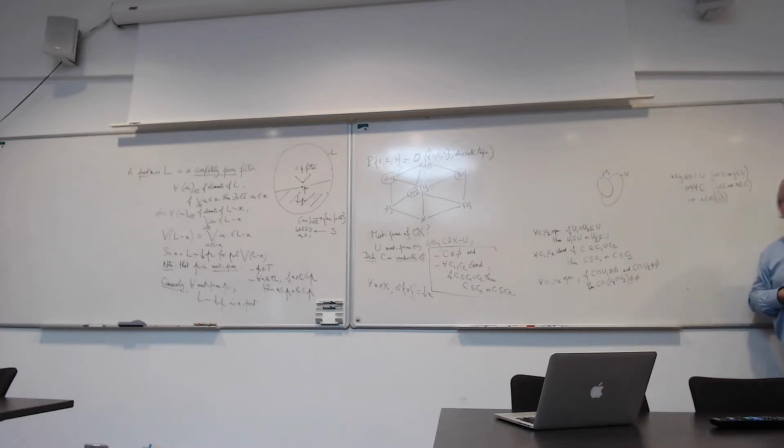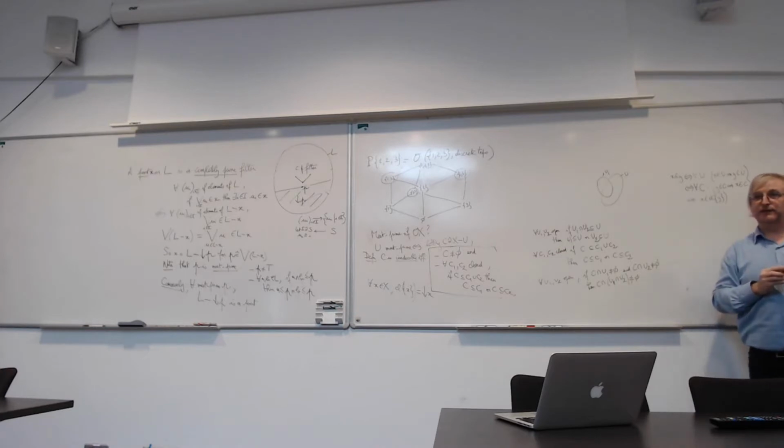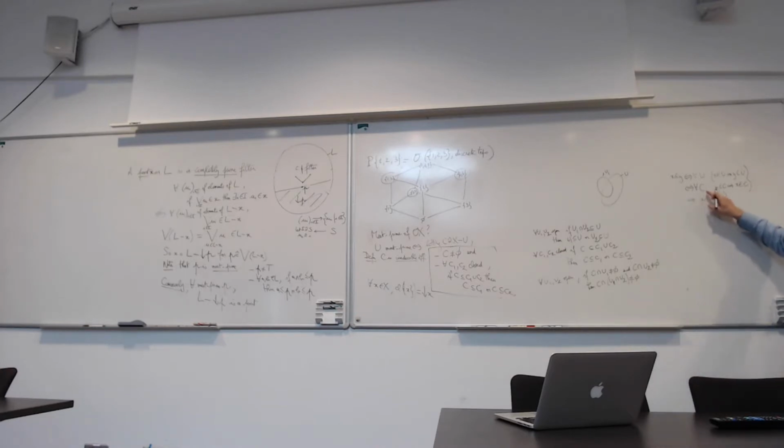And conversely, if x is in the closure of y, every closed set that contains y must contain the intersection of these closed sets that contain y. So C must contain the closure of y. So x should be in C, because x is in the closure of y, which is included in C. So that is actually an equivalence.